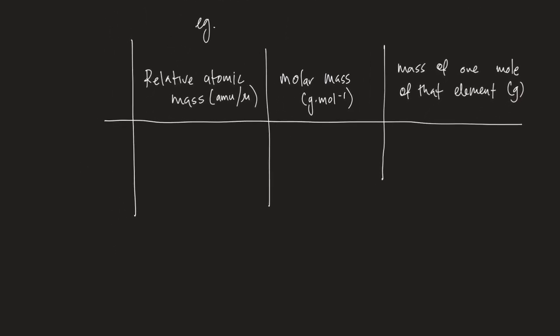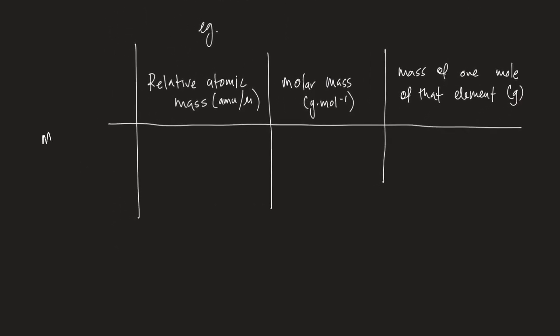All right, if I'm looking at this table here, and let's say I brought up magnesium, I'm showing you the link between the molar mass and relative atomic mass. If I looked at magnesium on the periodic table, I would see the relative atomic mass at about 24.3.